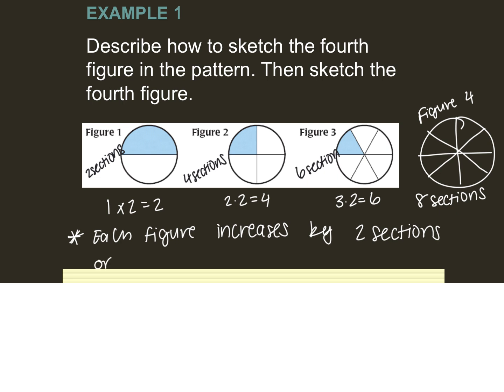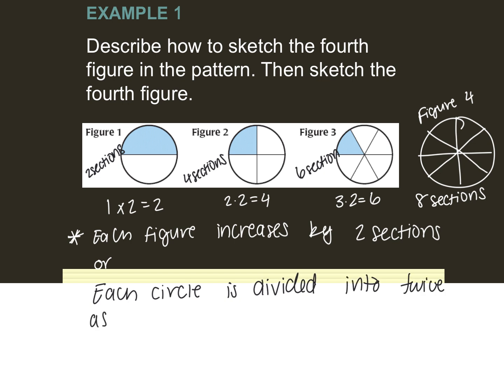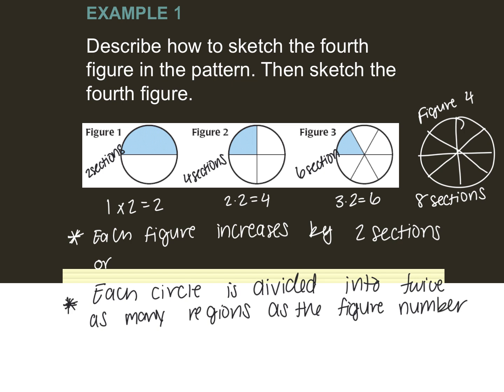Or another way we can write it is each circle is divided into twice as many regions as the figure number. Okay, so it's divided into twice as many regions as the figure number. So yes, technically that would be you're multiplying by 2 per figure number.